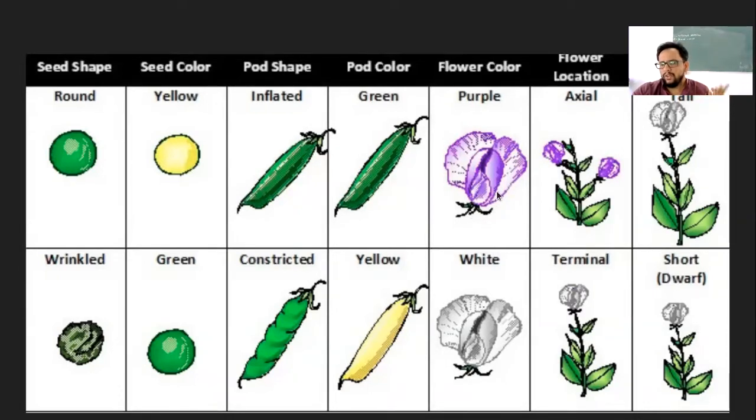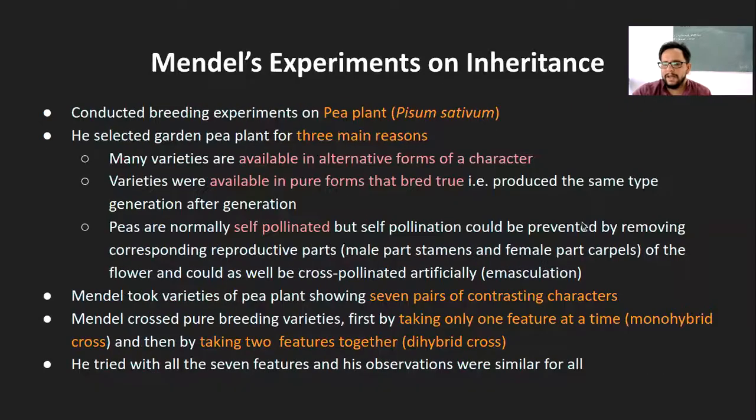Imagine you are taking 4 characteristics to study, and you have 64 possible varieties, which is very difficult to study at a time. So instead, Mendel chose to go step by step, very slowly, and that's when he did monohybrid and dihybrid crosses.